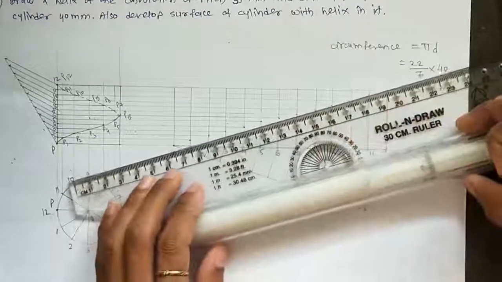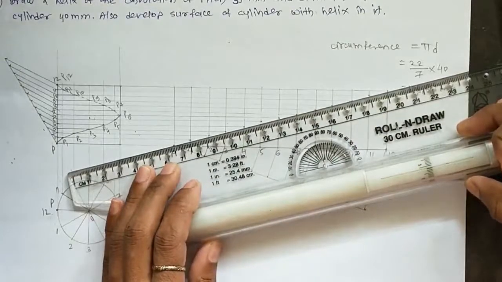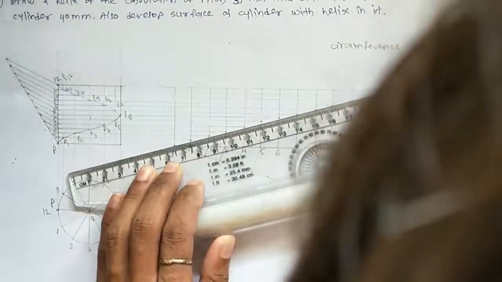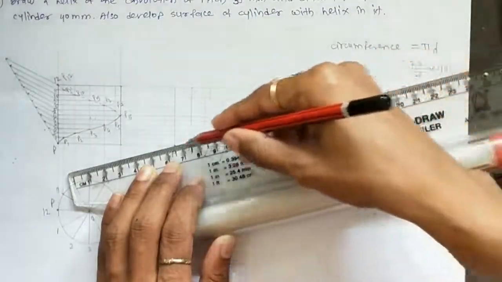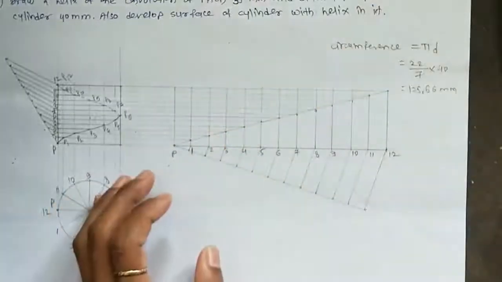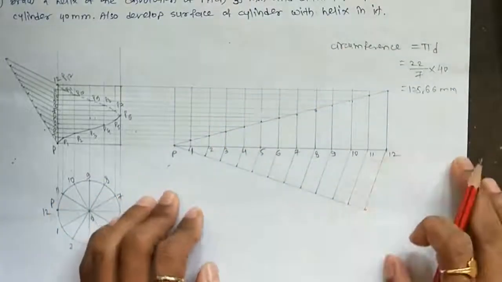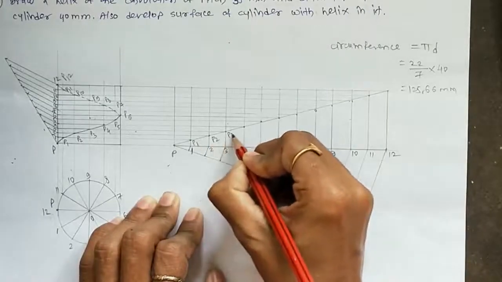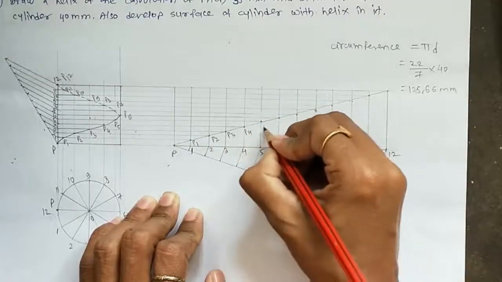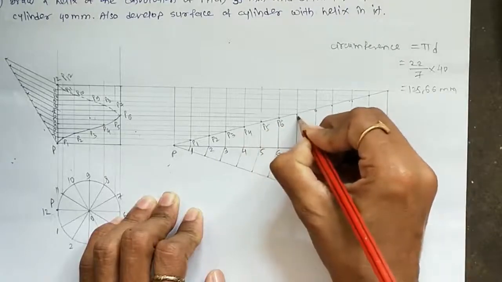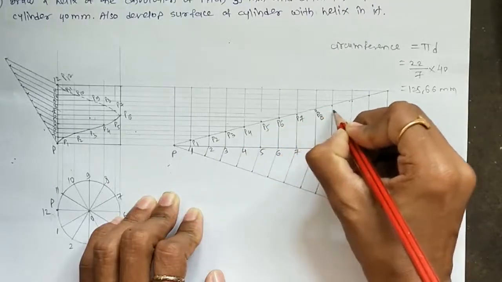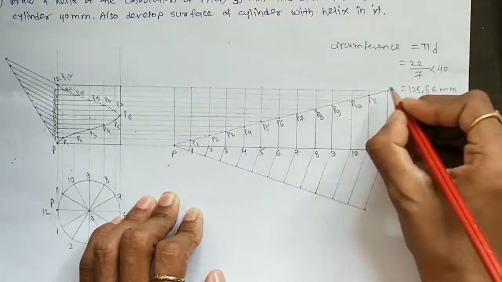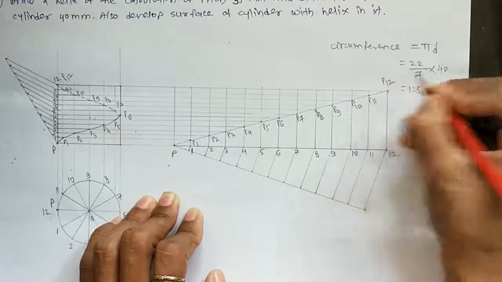Now join all these points and it will be an inclined line going through all these points. Now give names to these points P1, P2, P3, P4, P5, P6, P7, P8, P9, P10, P11 and the last point as point P12.